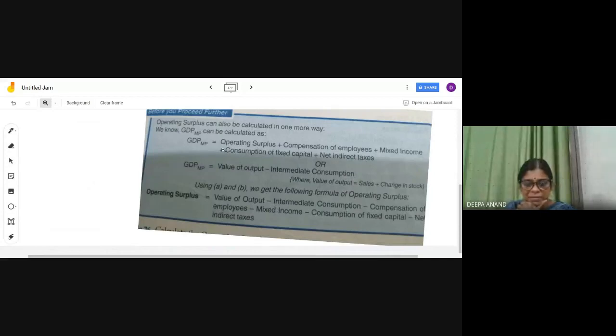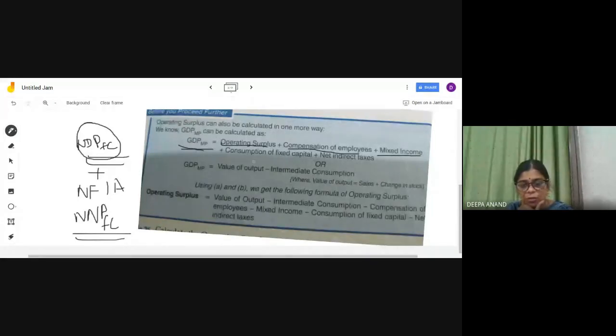That is known as GDP at MP. In this GDP, depreciation, that is consumption of fixed capital, is included, and as this is at market price, tax is also included. And when you add only the first three things, operating surplus, compensation of employees, and mixed income, you will get NNP at FC.